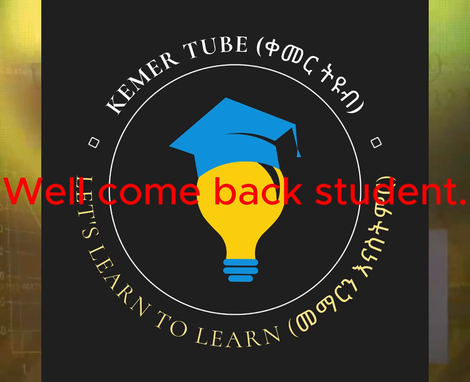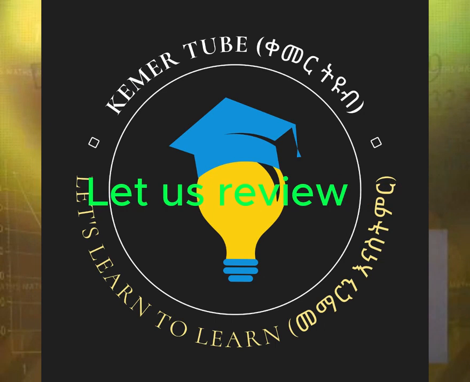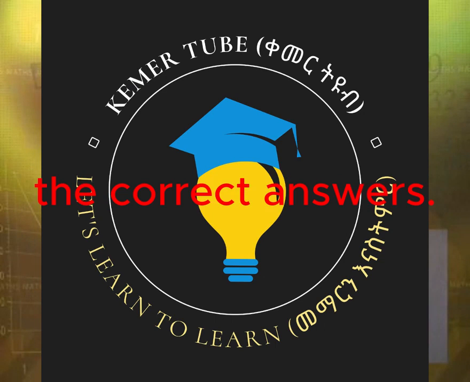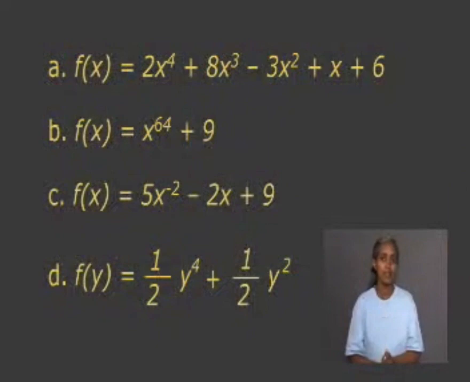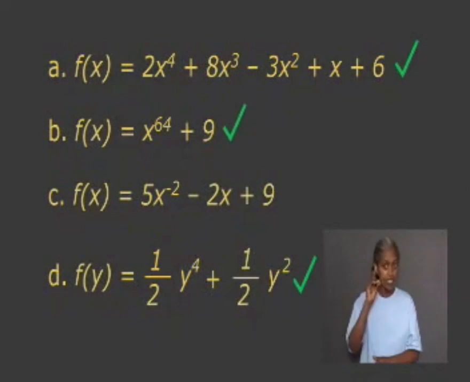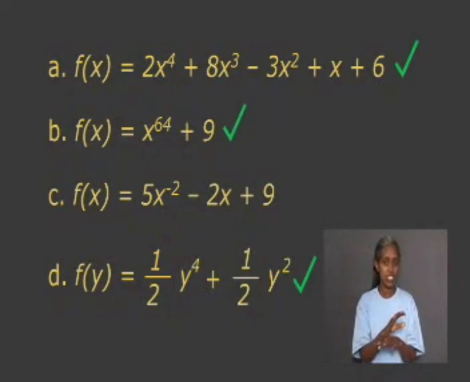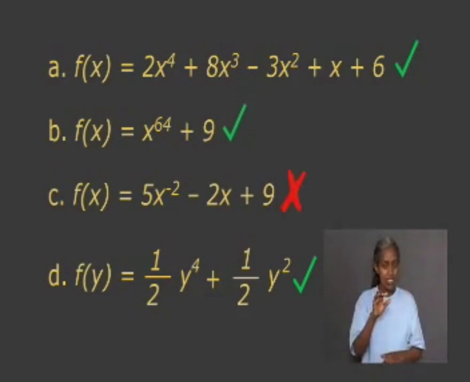Welcome back, students. Let us review the correct answers. A, B, and D are polynomial functions in that they satisfy all of our criteria. C is not a polynomial function because its domain is not the set of real numbers.